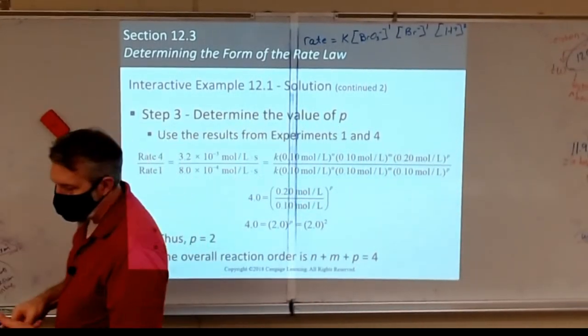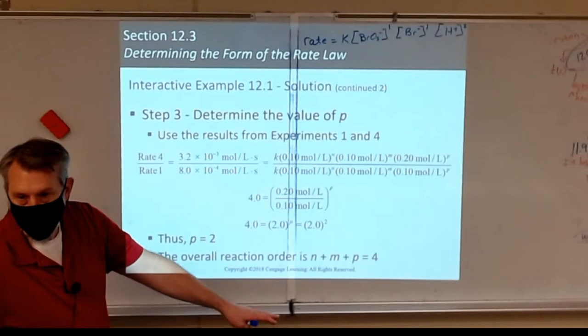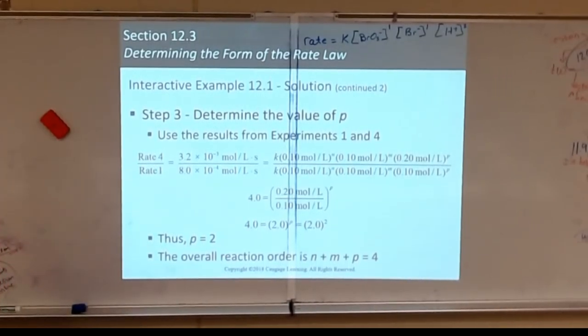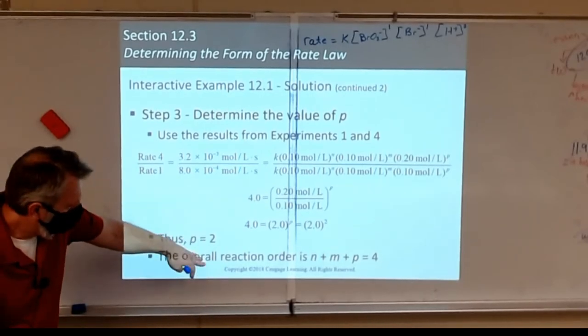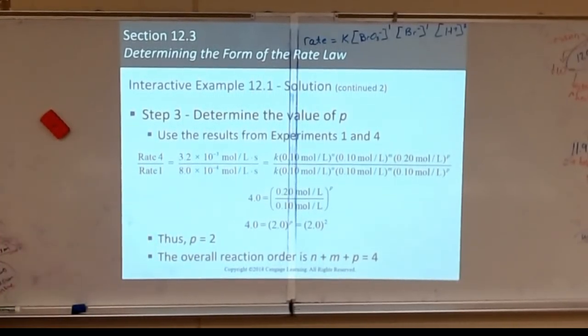So the overall reaction order is you add all these together. I'm going to tell you, you're probably not going to have overall reaction orders of 4 on your exam. It makes life a little more complicated. So it'll be pretty simple ones, right? But you need to be able to recognize things like if I double the reactants, and it quadruples the rate.